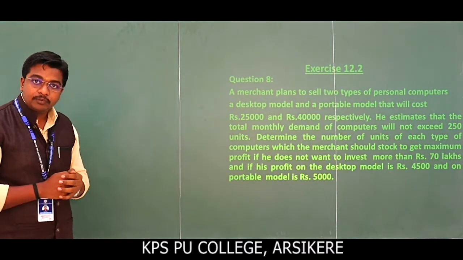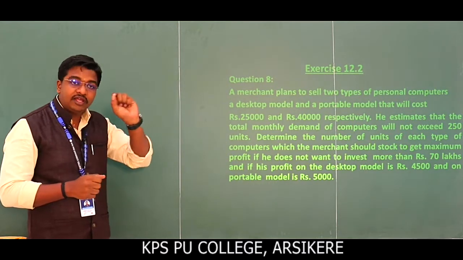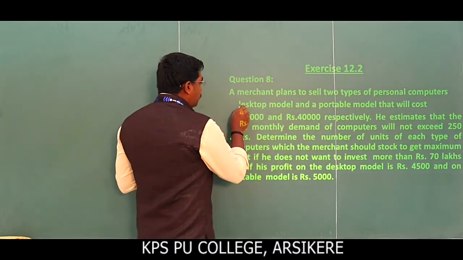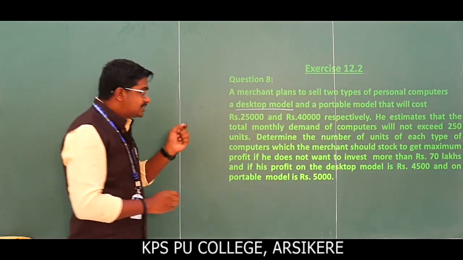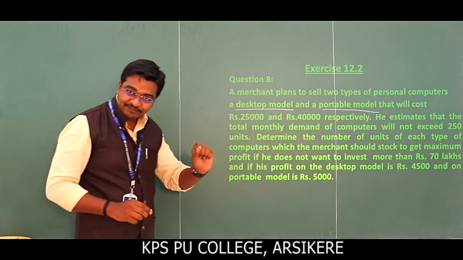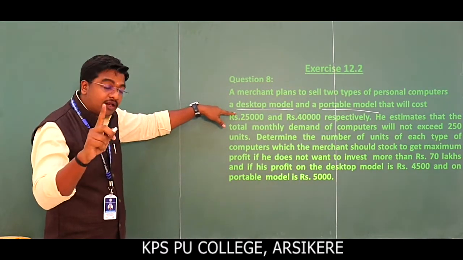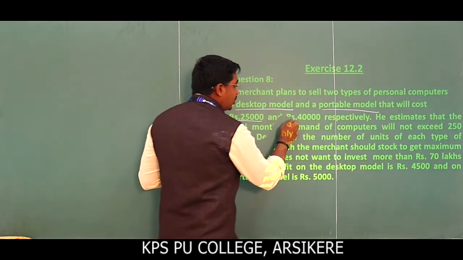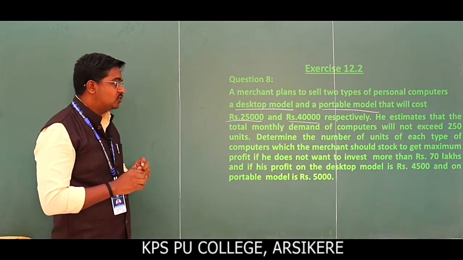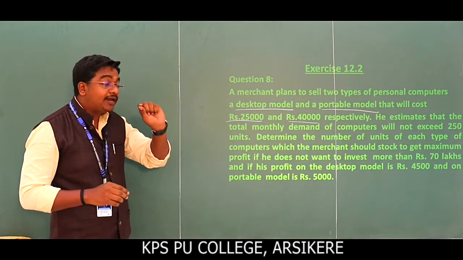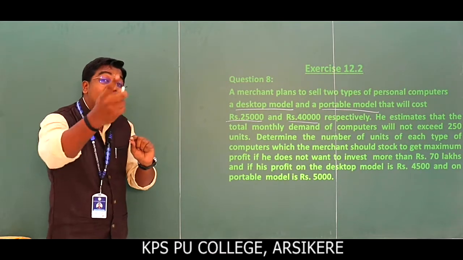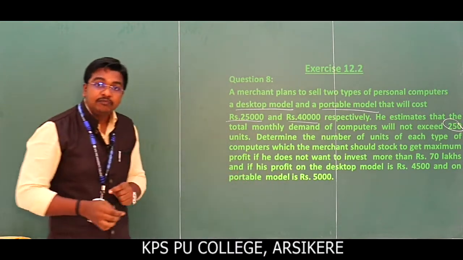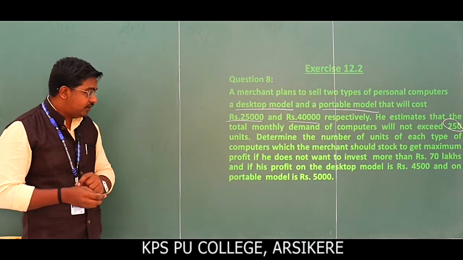I repeat again, just observe the problem. A merchant plans to sell two types of personal computers. The first one is the desktop model and the second one is the portable model. One desktop model computer costs rupees 25,000, similarly the portable model costs rupees 40,000. He estimated that the total monthly demand, the sum of both portable and desktop models, cannot exceed 250 units.